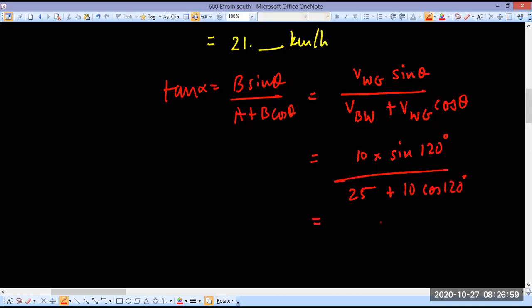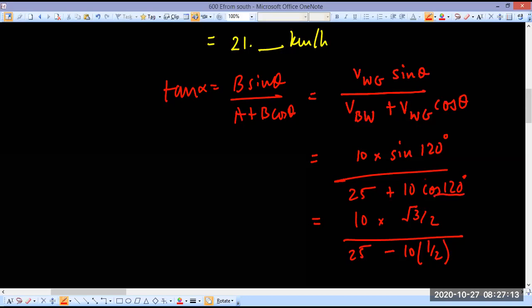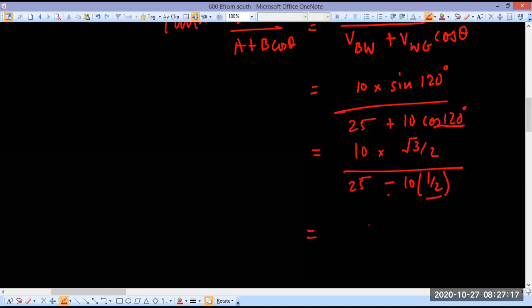So sine 120 degrees from the table is root 3 by 2. 25 plus cos 120, which is minus 1 by 2. I hope you understood what I did, right? Cos 120 degrees is minus 1 by 2. So this is what we get.